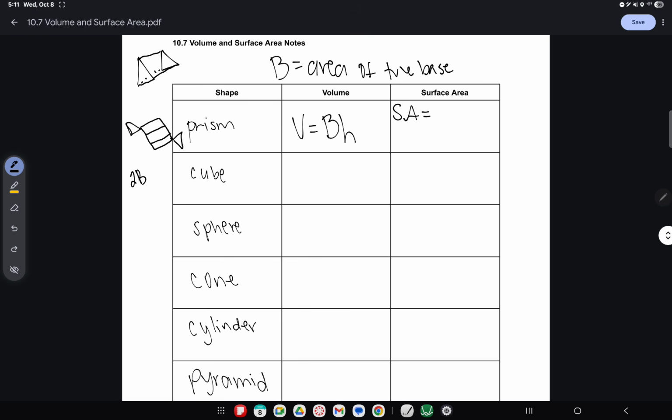So I'd have 2 times the area of the base. And then I'd have the area of these rectangles. So I have 3 rectangles. And what do I want to call it? I guess I can use P for the perimeter of the triangle, and it's those shapes.